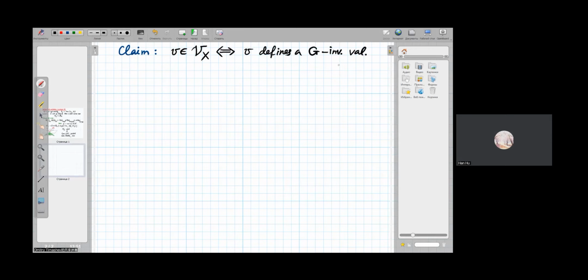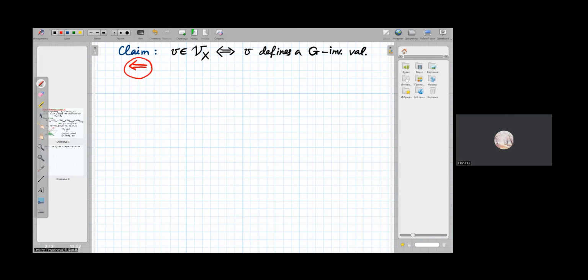So far, we just defined this cone by linear inequalities. In fact, we have already proved at the previous lecture that these inequalities are necessary to have a G-invariant valuation. These inequalities hold for vectors coming from invariant valuations.